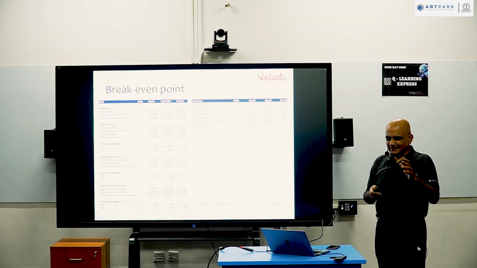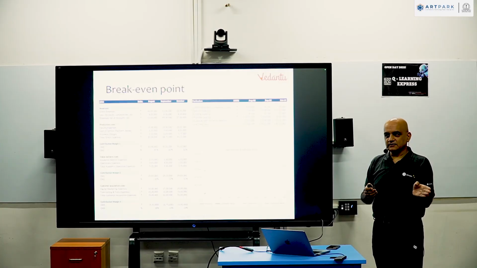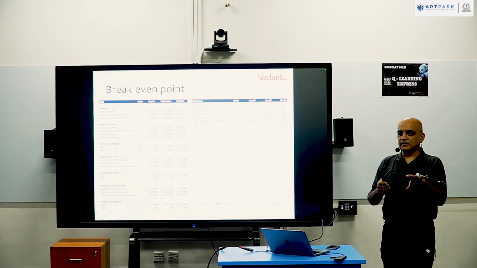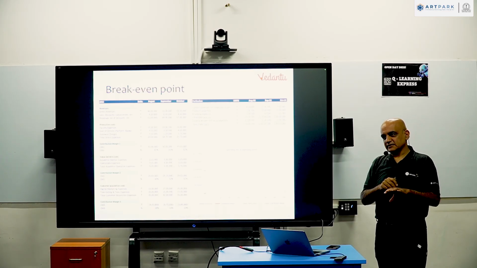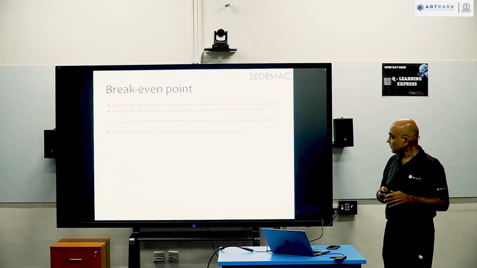So little different journeys actually. Byju's started with CAT exams and came to this, and Vedantu started with class 6 to 12, went 1 to 5, then went to entrance exams. Slightly different strategy, but eventually it boils down to the same thing.